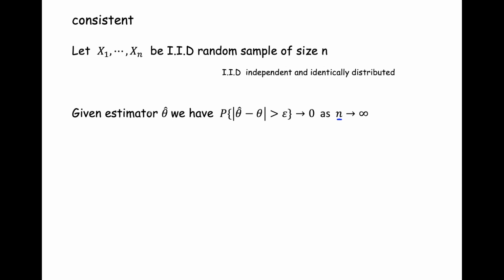That means as you get more and more samples, it becomes less and less likely that your estimator is going to be different from your ground truth parameter.